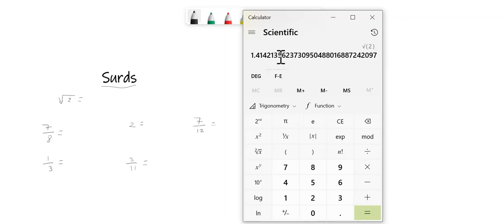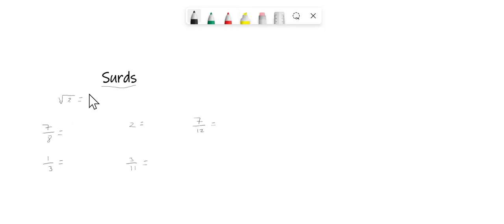So instead of trying to work with irrational numbers like this, we can write them in a simpler form like this, which is what's known as a surd. These two are equivalent to each other. So 1.414213.